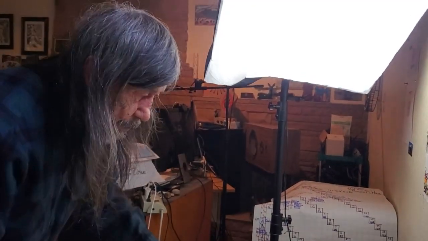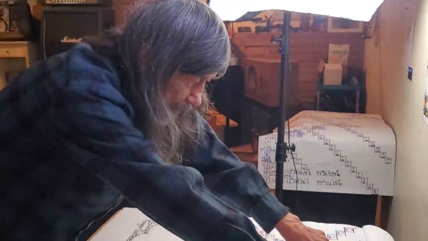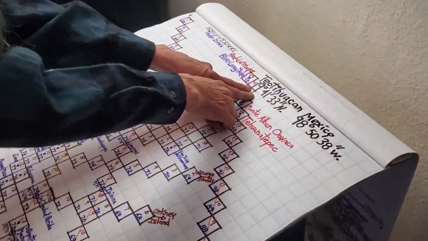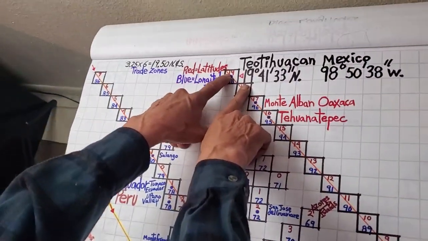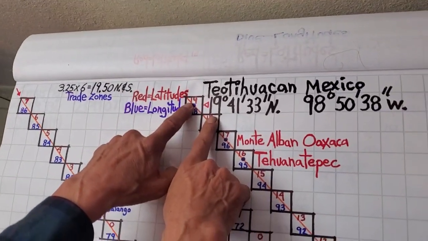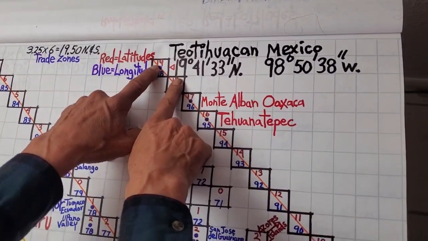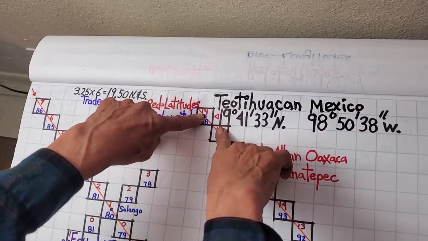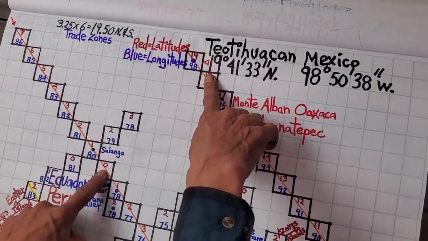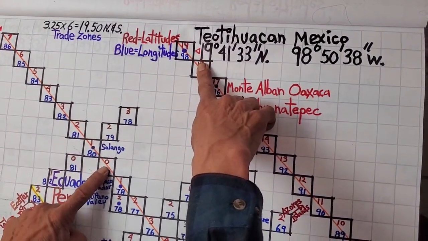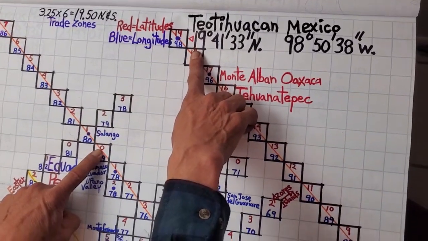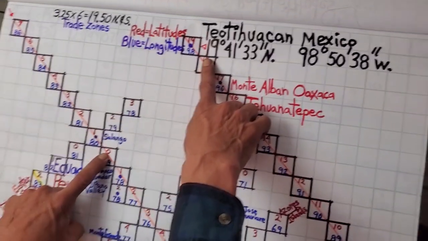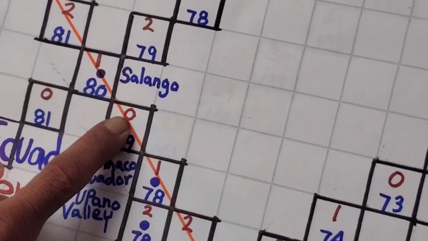There are some things. Teotihuacan, Mexico. What is its latitude? 19 degrees. That was the trade zone for the people in the northern hemisphere. And that 19 degrees goes all the way down to the equator. See where 0 is? Now watch where the other 19 degrees is, but this is the 19 degrees south. What is that 19 degrees south?